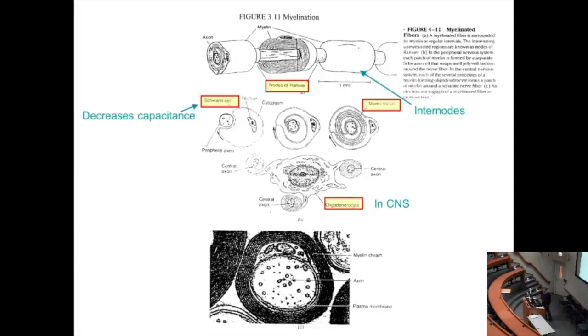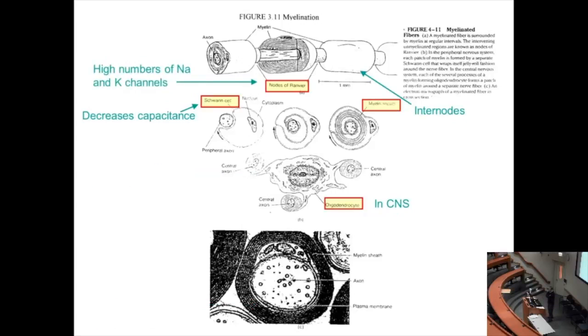The myelin increases the effective membrane thickness, decreases the capacitance, and so it makes it very easy to propagate an action potential where the myelin is, okay? Decreased capacitance, a very rapid action potential. In this case, you can see you're thickening that membrane a lot, effectively, okay?